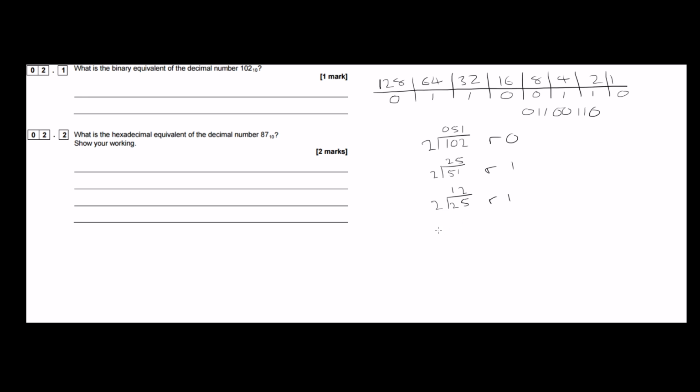So I'm going to continue dividing my result by the base, and I've reached a result of 0, so I stop there. Now to get my binary number, all I do is write out the remainders from bottom to top. So I do 1, 1, 0, 0, 1, 1, 0, and if I make this an 8-bit binary value, you can see that I've got the same number that I got using method 1.